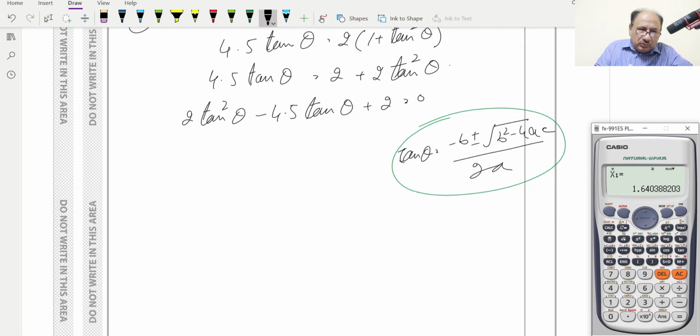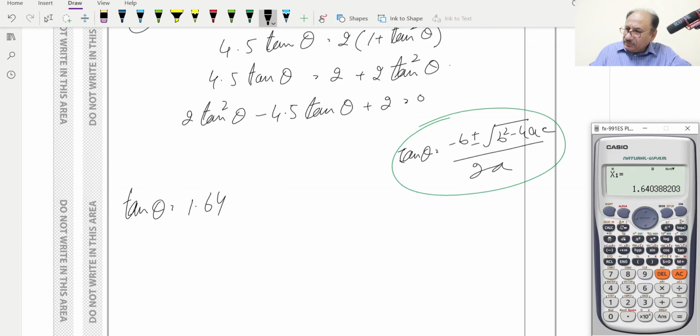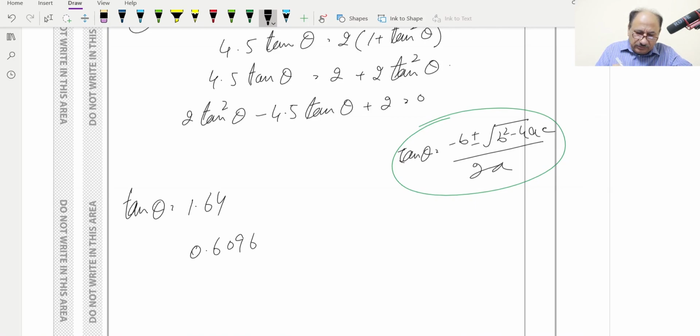This will be giving us the answer 1.64, so tan theta will be equal to 1.64, and the second value will be 0.6096. So this is the second value. These two values we can get from this quadratic equation using the quadratic formula as well, and you will be getting the same values.